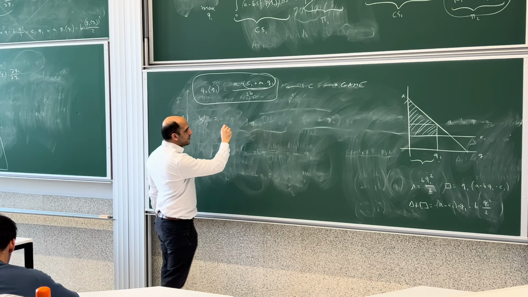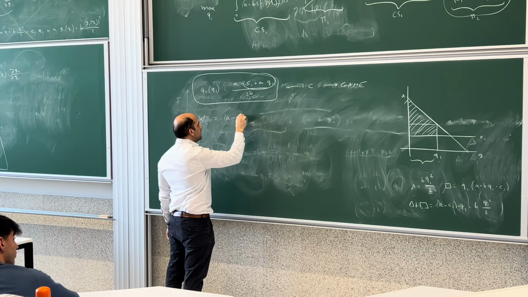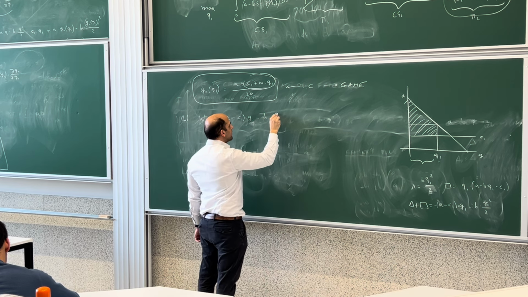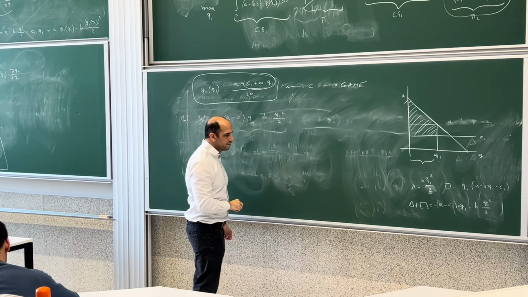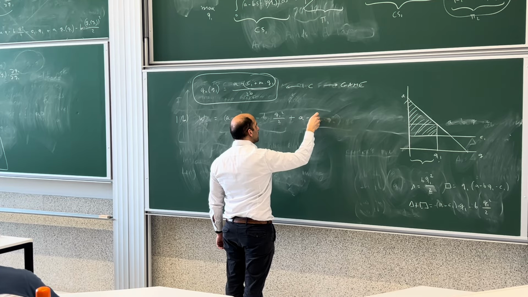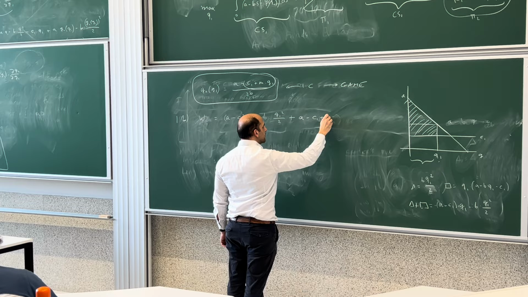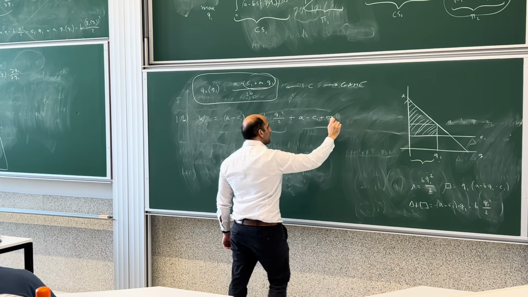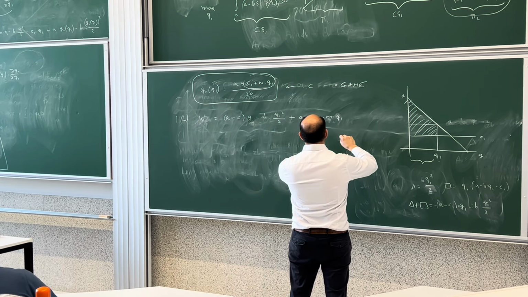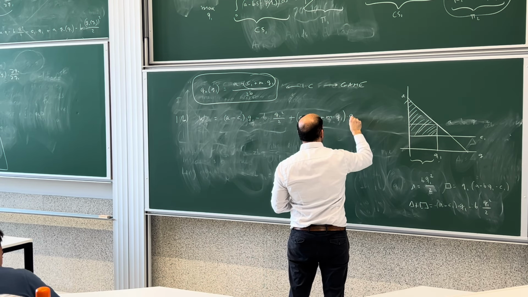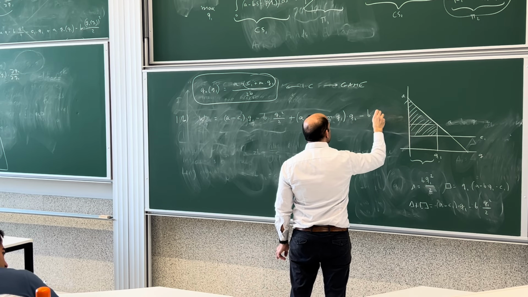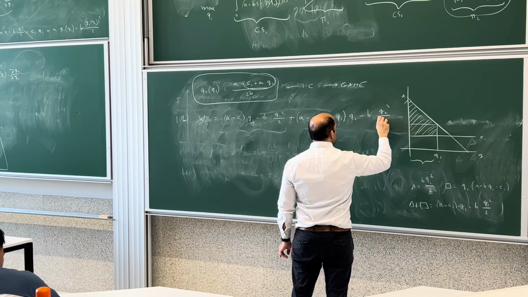Welfare is A minus C1 times Q1 minus B times Q1 squared over 2 plus A minus C1 plus M times Q1 times Q2 minus B times Q2 squared over 2. That's right.